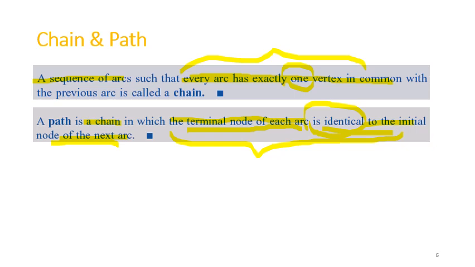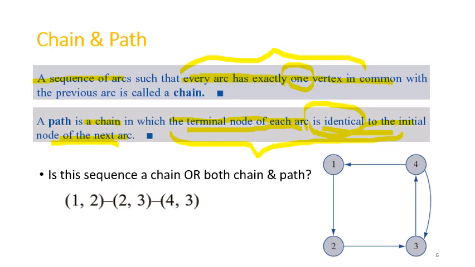It's quite easy actually. If we look at this sequence of arcs, 1 to 2, 2 to 3, 4 to 3, let's check if this is a chain. Every arc has exactly one vertex in common with the previous one. 1 to 2 is the first, so we cannot check it against a previous one, so we just take it as it is.